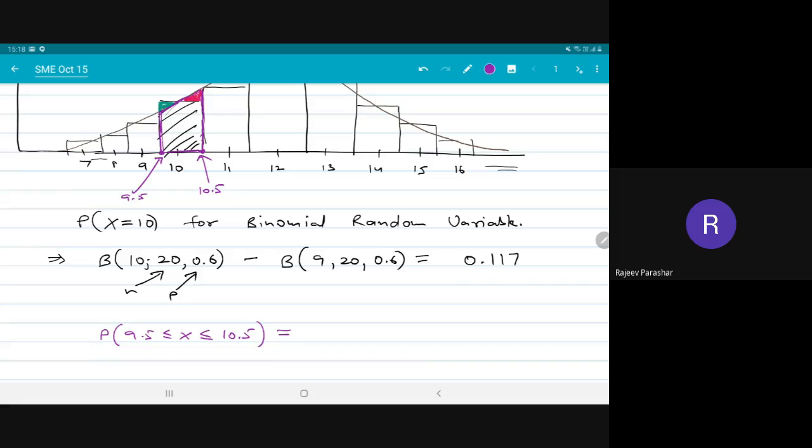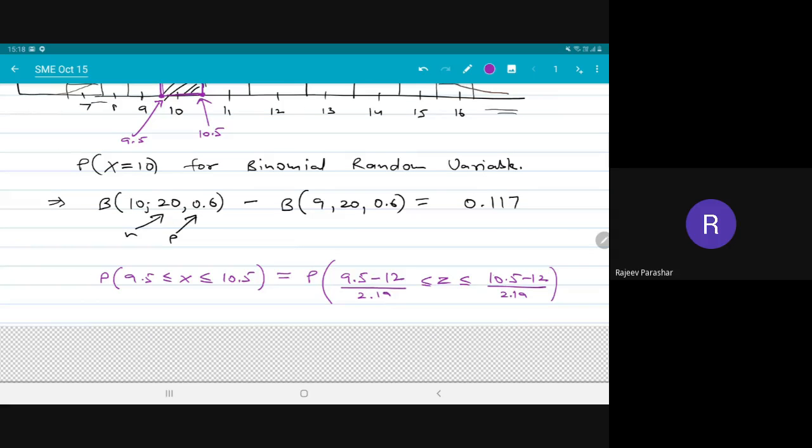Now we have to convert it to a standard normal distribution. For that, what we will do is 9.5 minus the mean, which is 12, divided by the standard deviation, which is 0.219, if I'm correct. Yes, less than or equal to z, less than or equal to 10.5 minus 12 divided by 0.219.